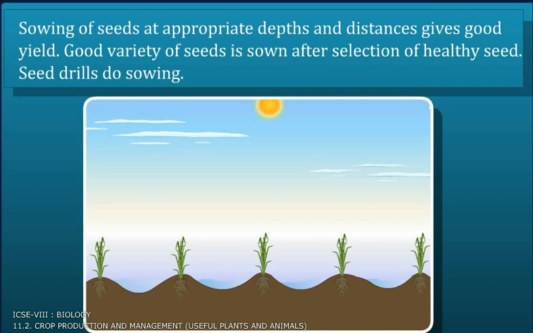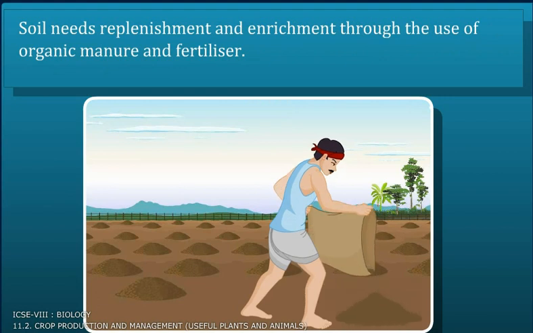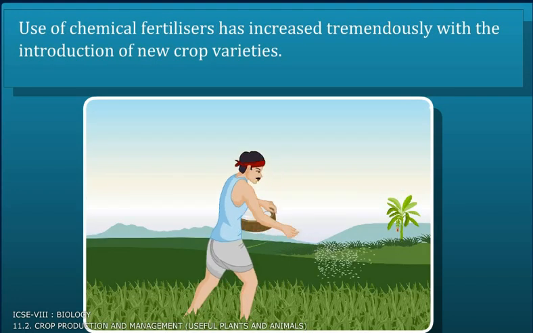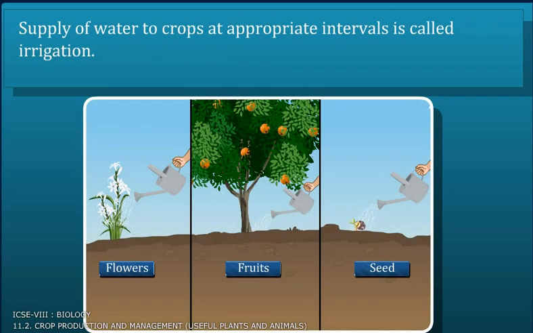Seed drill does sowing. Soil needs replenishment and enrichment through the use of organic manure and fertilizers. Use of chemical fertilizers has increased tremendously with the introduction of new crop varieties.